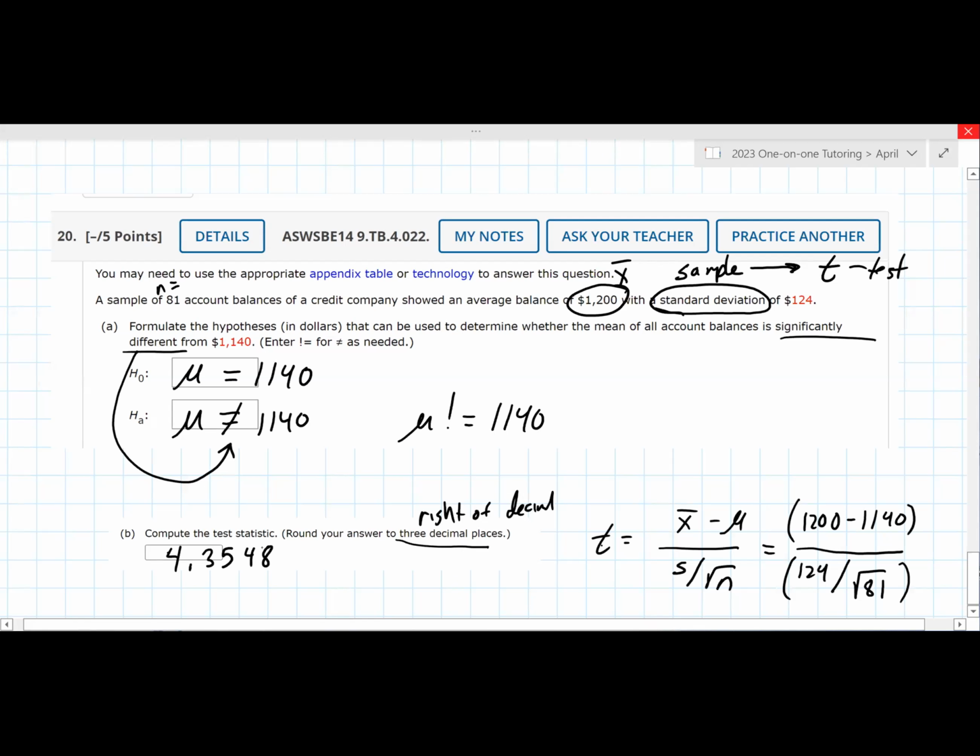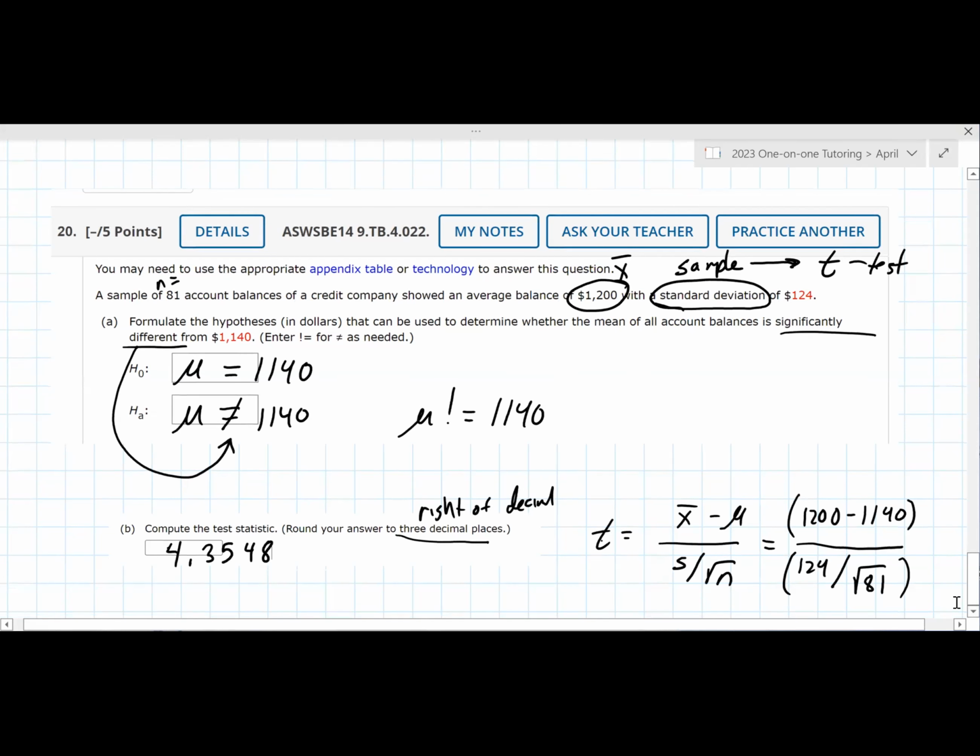So again, it's 3.5 4 8. That's 4 decimal places. You use the last one to decide whether this rounds up or down. Okay. So it becomes 4.355. Is that okay? Yep, that one works.